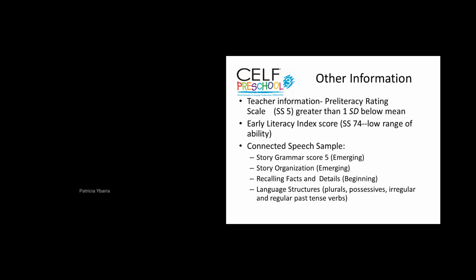Her story grammar score is 5, and that's in the emerging range. But again, this child has been in the preschool setting. So how is that going to impact the way that we would interpret this score?